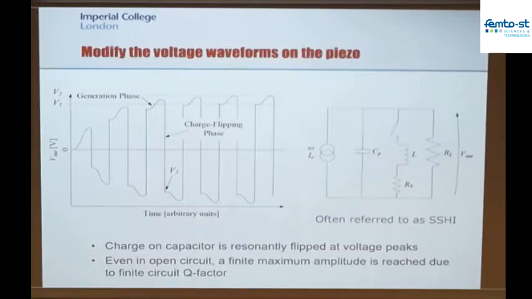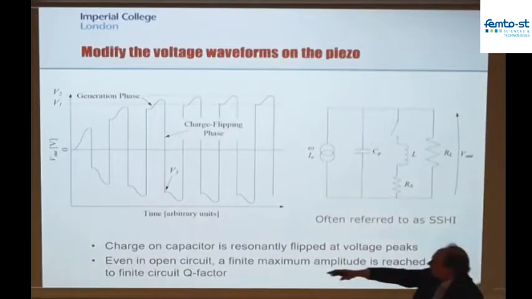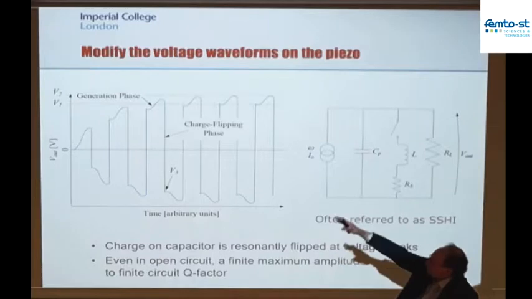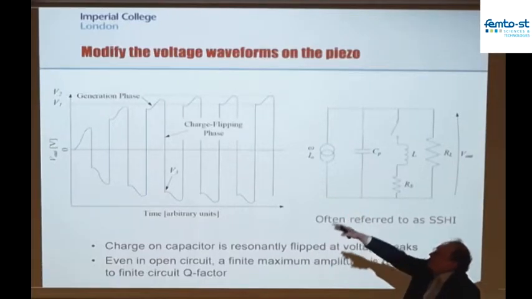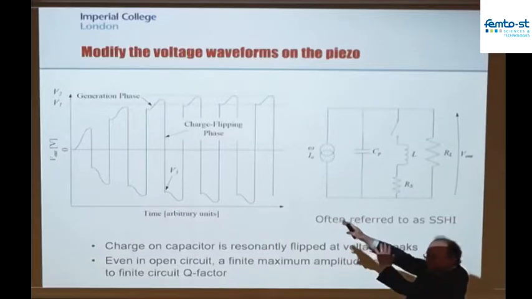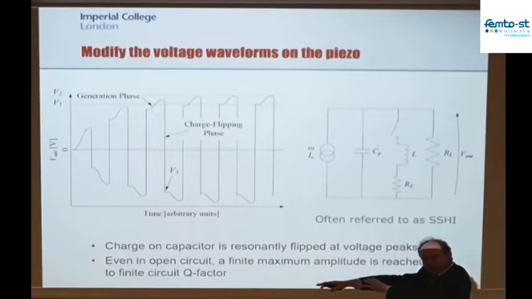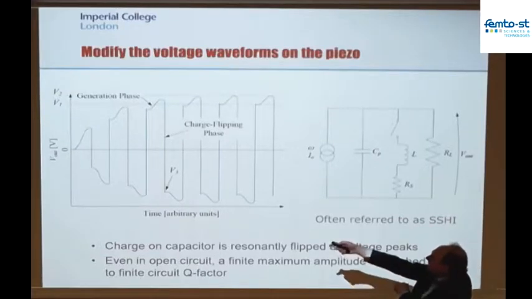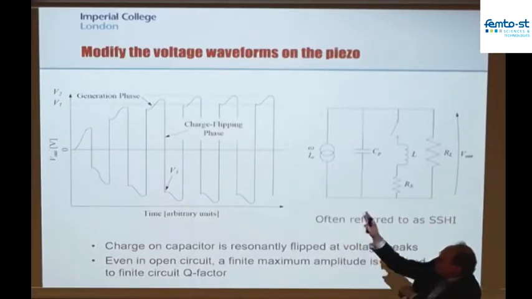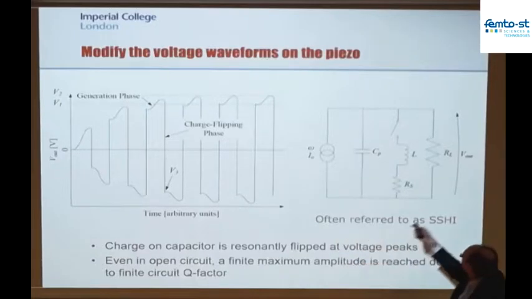If you remember, what I said was, as the piezo moves from its stationary position up to its most positive flex, this point here, I've got a voltage on the piezo which is trying to restore the beam into the neutral position. Instead of allowing that to happen, when the beam is in the upper position, I close this switch and flip the polarity of the charge on the beam.